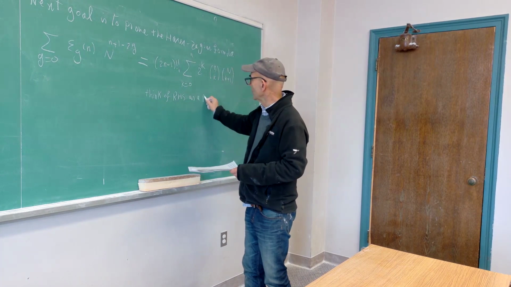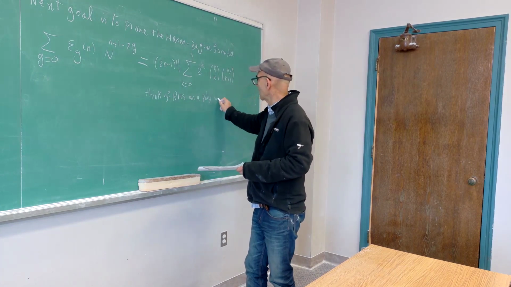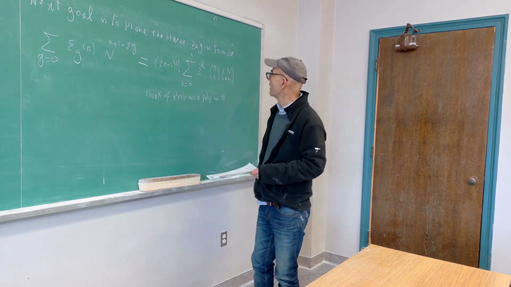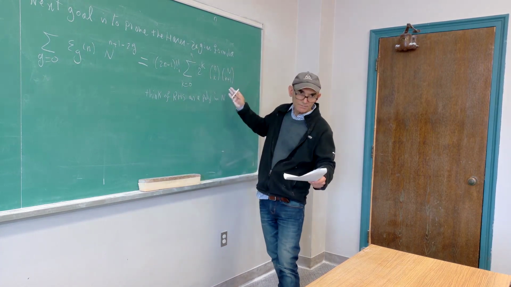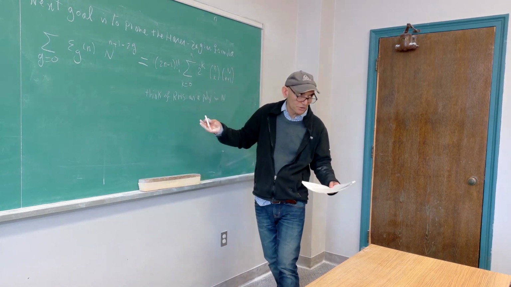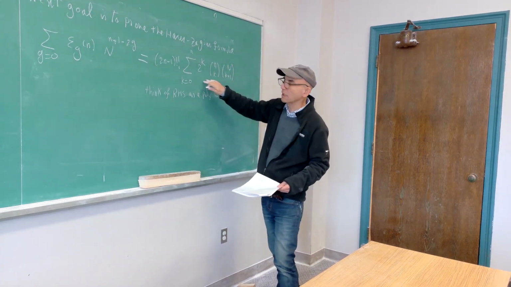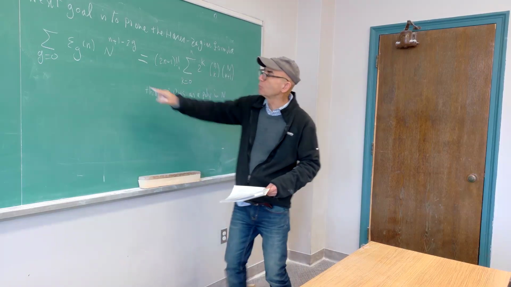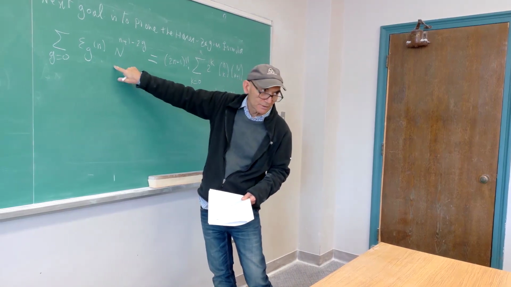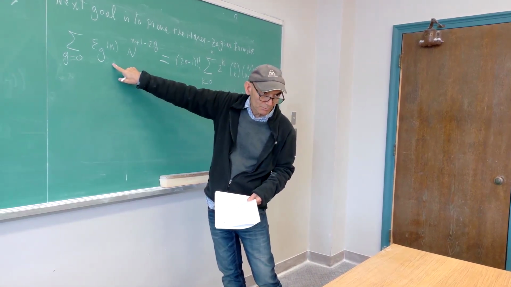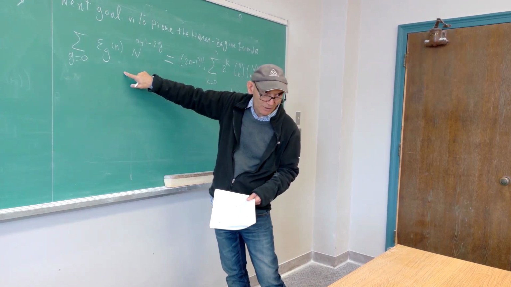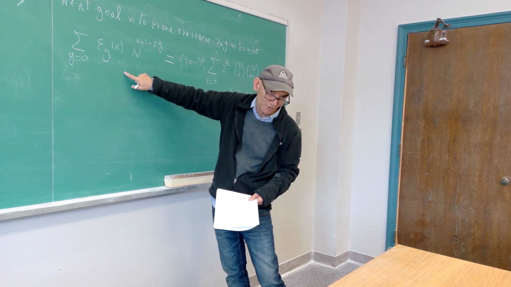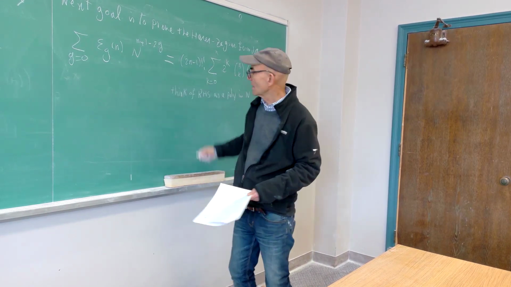You get an expansion with some coefficients, which is calculable because of the binomial numbers. Then matching these powers of n on both sides, you get the value of epsilon g.